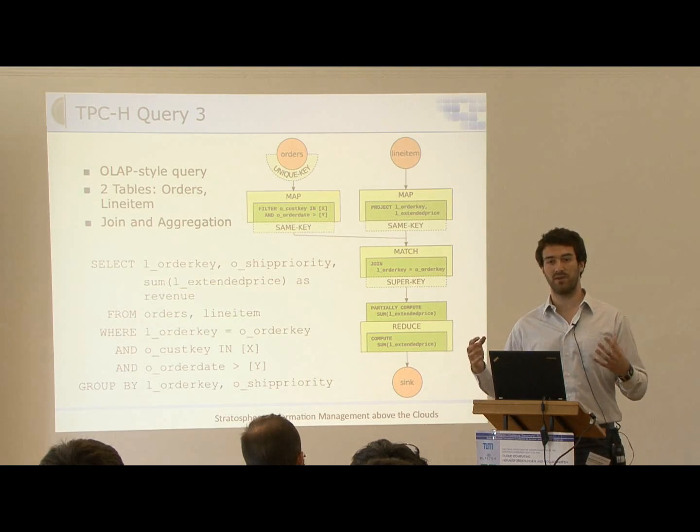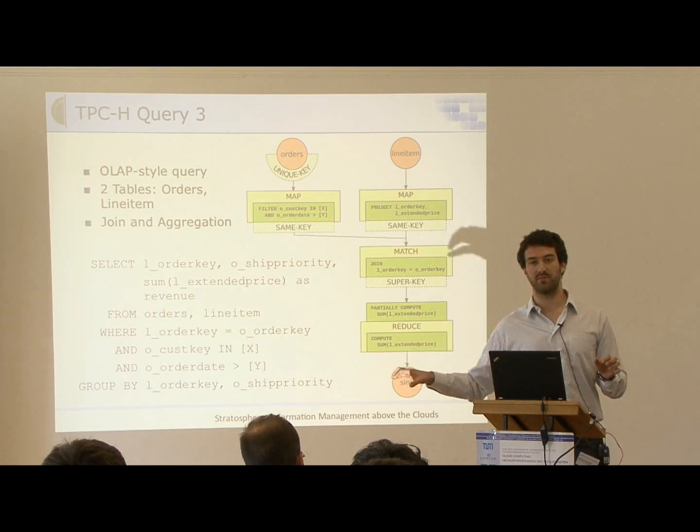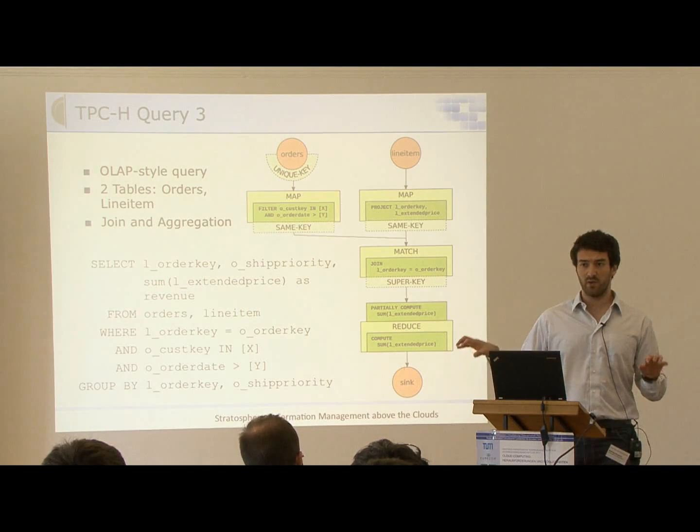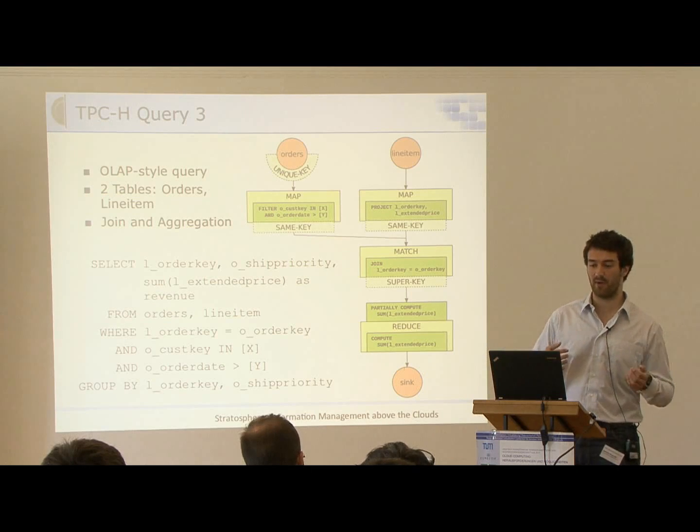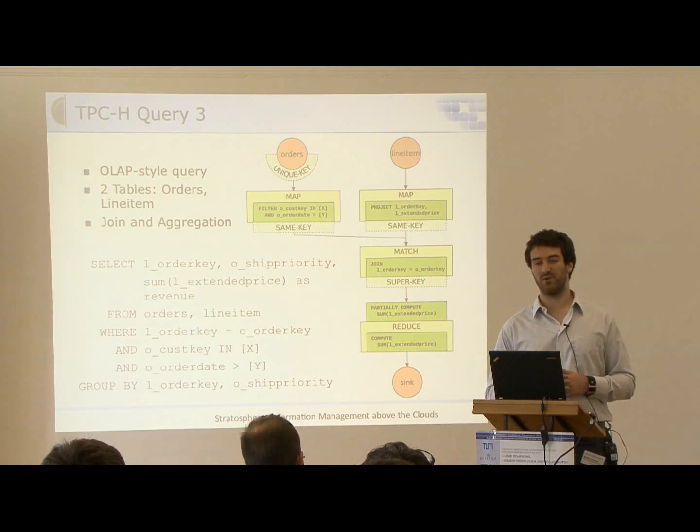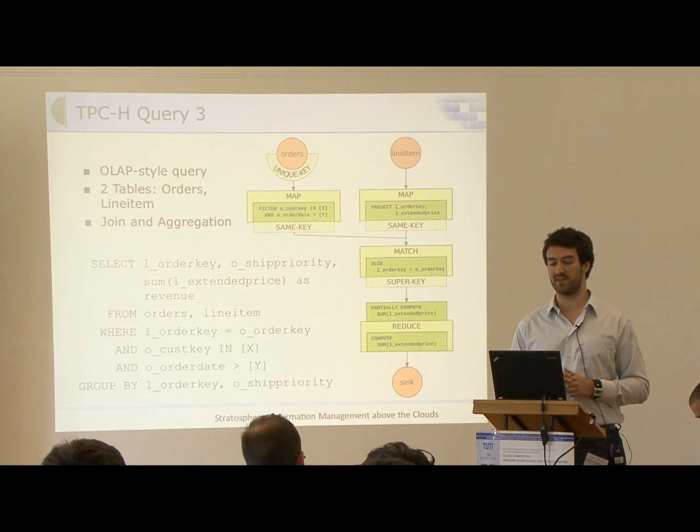So we want a new key consisting of order key and shipping priority. We can say this is a super key of our input, which will also be very important for our optimization afterwards.